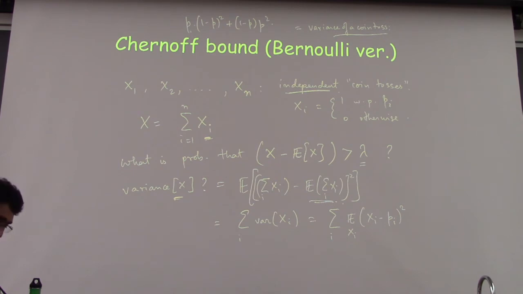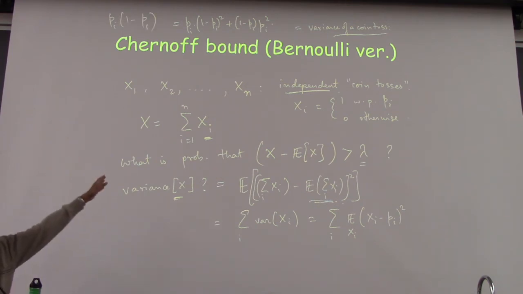This is actually easy to compute, and this will be equal to pi times 1 minus pi. So this is the variance of one random variable. And so the sum of the variances is the sum over i of pi times 1 minus pi.